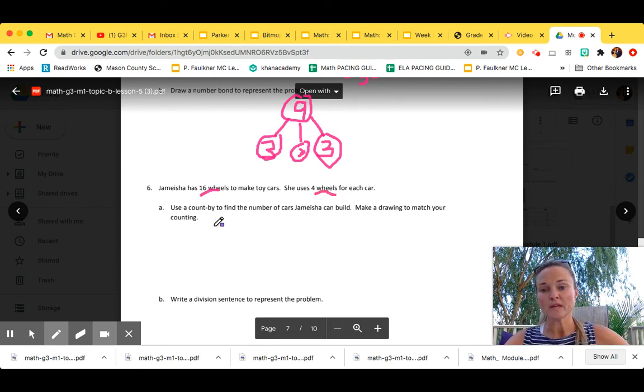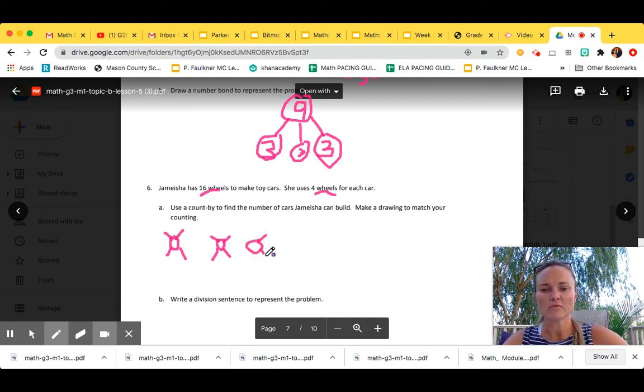All right, so I'm going to do my best to do this. I'm not going to draw a fancy car. I'm actually just going to draw a circle. That's my car. It gets 4 wheels. 1, 2, 3, 4. Here's another car, and it gets 4 wheels. And so 4 plus 4 is 8. All right. So I'm going to draw another car.